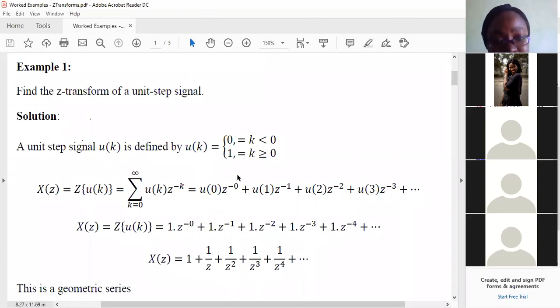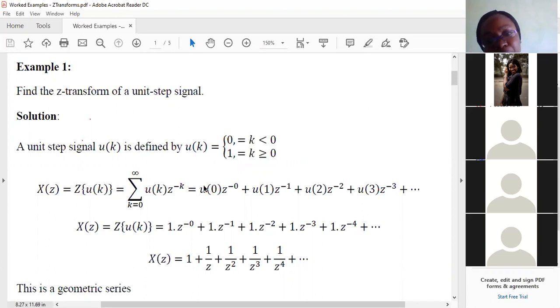Then, given the definition of a unit step signal, the value is 0 for k less than 0. So for k less than 0, you don't have any values. But when you start from 0, u of 0 is 1, because for k greater than or equal to 0 it is 1.